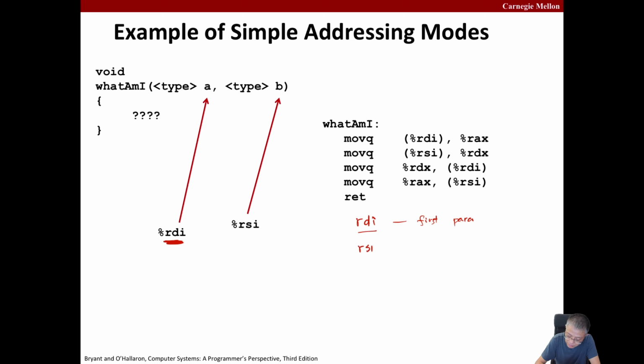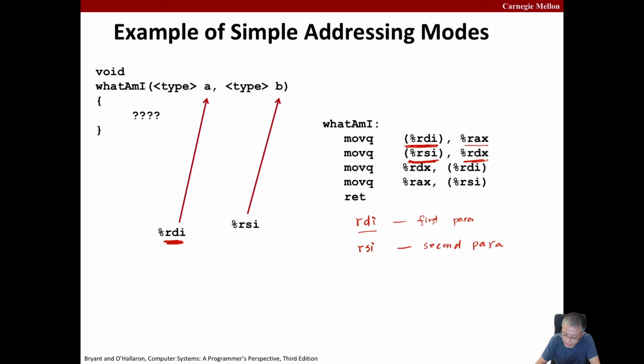The second parameter is in the RSI register. So we first load the memory pointed to by RDI, the first parameter, to RAX, right? Then we load the second memory content to RDX.